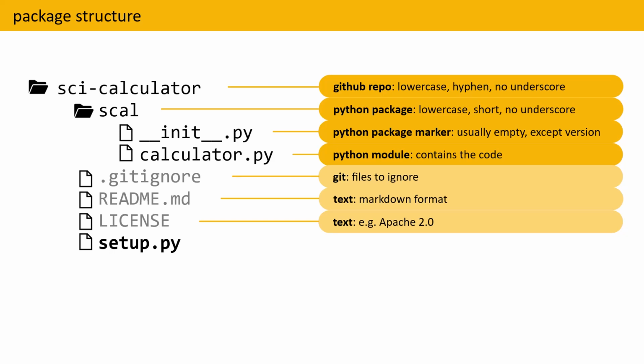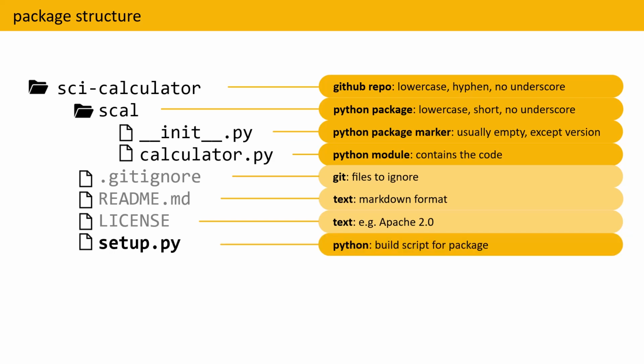Finally, we come to the most important part, the build script setup.py. Note that setup.py is not located under the folder scal, but at the base of the repo. Setup.py is what makes the Python package installable. For instance, if we call python setup.py install, the scal package will be installed and can then be imported.